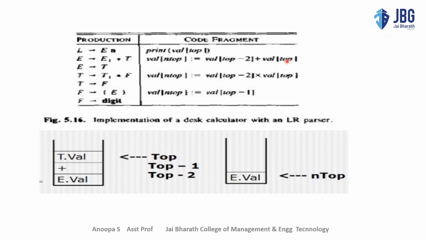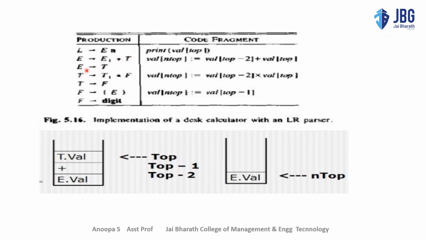That is, the value on top minus 1, and the value on top minus 2. Then you have to perform value of top plus value of top minus 2. Okay, then you have to add it and it will be stored as the value on top. That is, if you have E giving E1 plus T, you have to pop three variables from the stack top, perform the addition of stack top and stack top minus 2 and store the resulting value on the stack.